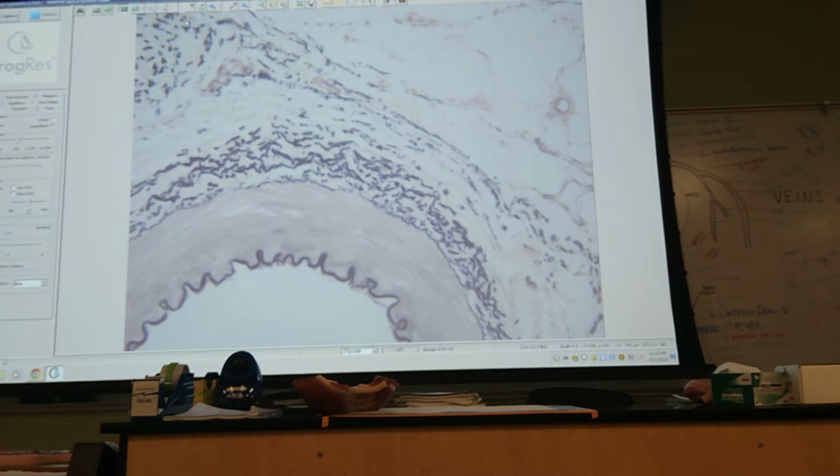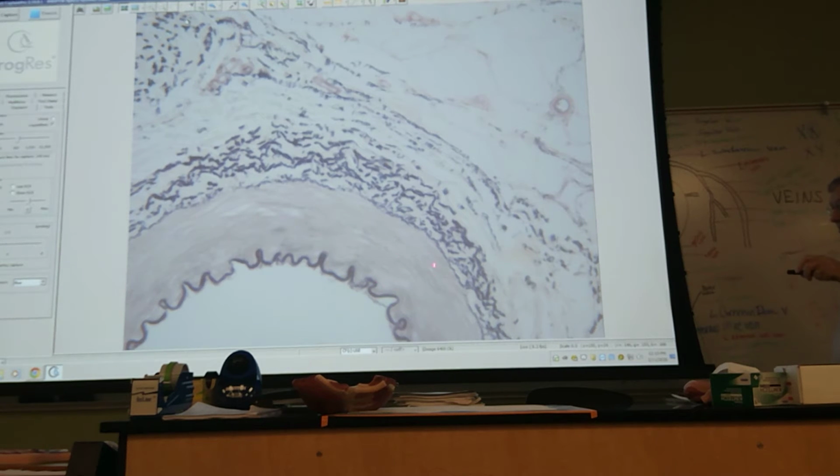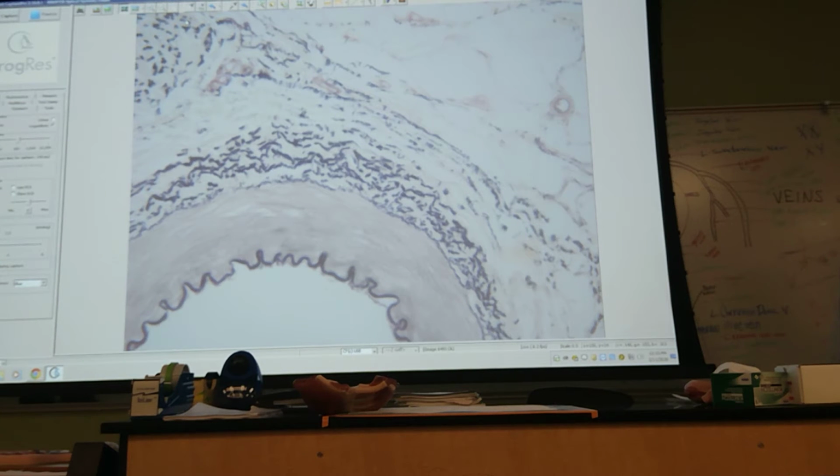Now, within the tunica externa or adventitia, because these vessels are relatively large and you have lots and lots of cells all over the place here, they do not all get their nutrients and oxygen from red blood cells in the lumen. They do not.